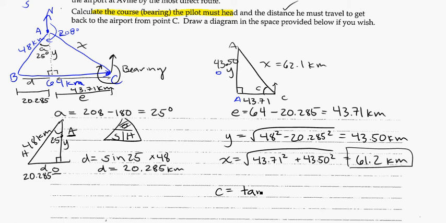We're going to use inverse because we're looking for the angle. And using tangent, we need to feed it opposite divided by adjacent. So use your brackets. 43.50 divided by 43.71. And we're going to end up solving that that is 44.9 degrees. Almost 45 degrees. So this angle in here is 44.9 degrees.